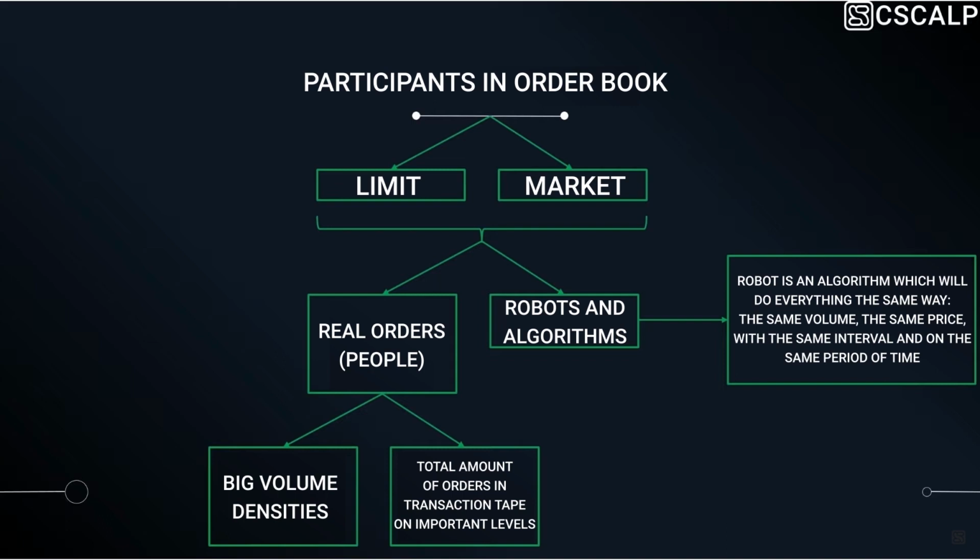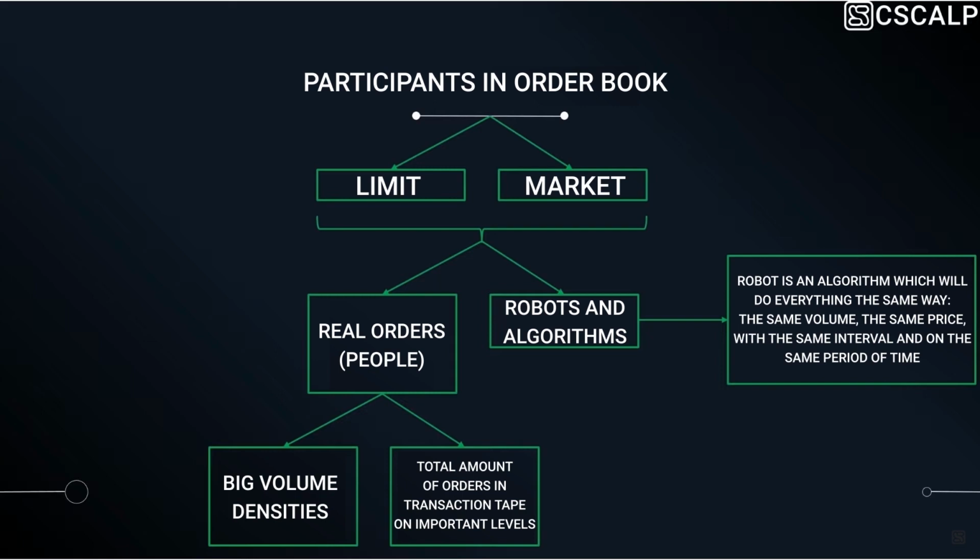So we can analyze and understand the power of participants, which helps us to make a decision: is it better to trade a bounce from a level, or is it better to try breaking it through. So this is how it works.